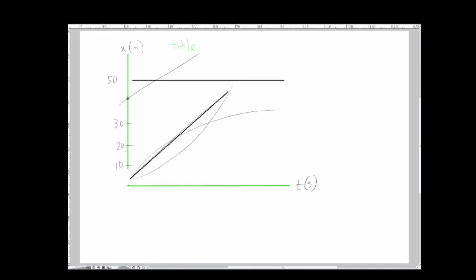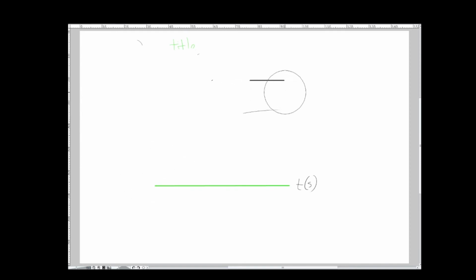When it comes to plotting a graph, that's different. When I say to plot a graph, what I mean there is that you need to give me all the data points and a trend line, so your best fit.